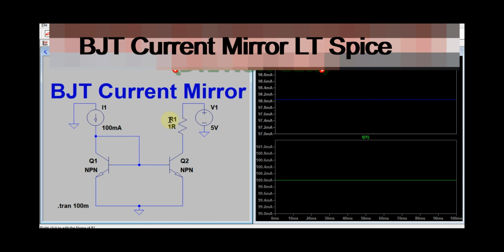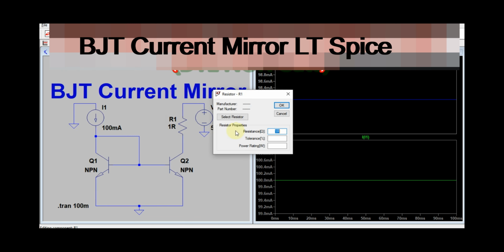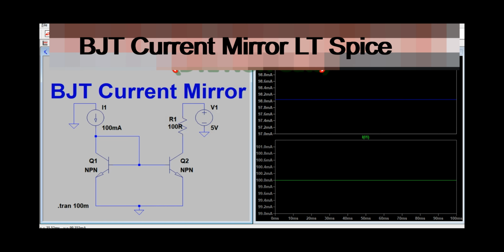You can see both are nearly equal. Now let me increase the resistance value. Let me put it here as 100 ohm. If you calculate mathematically, 5 divided by 100 ohm, the current should be 50 milliampere.